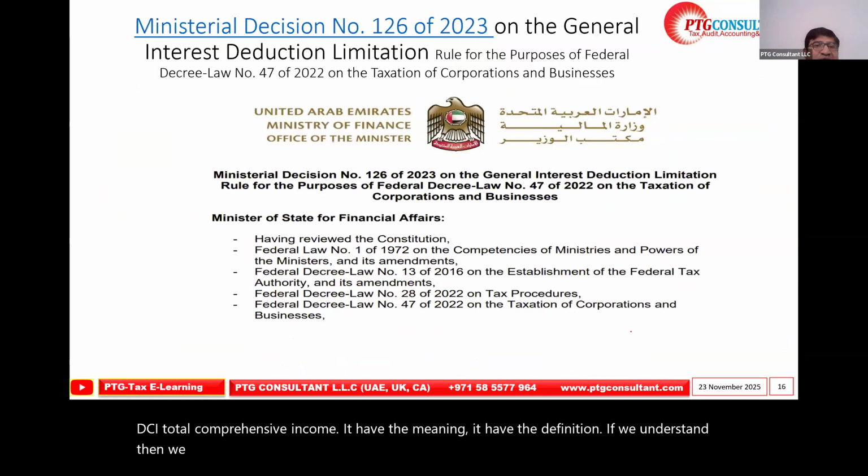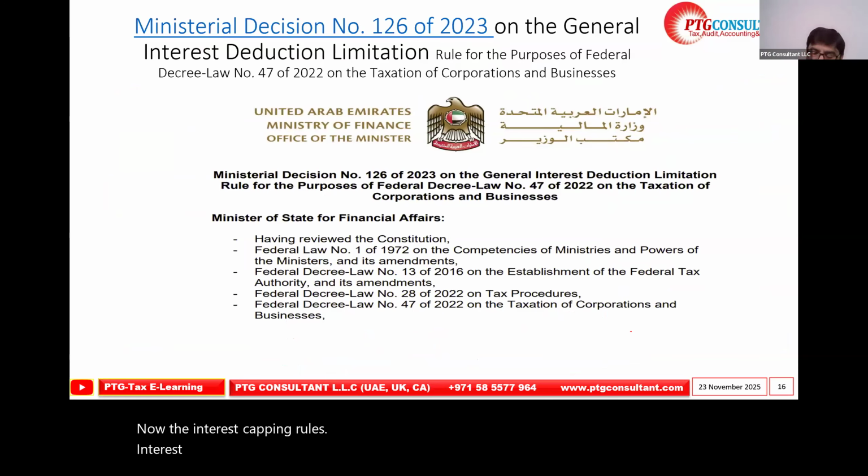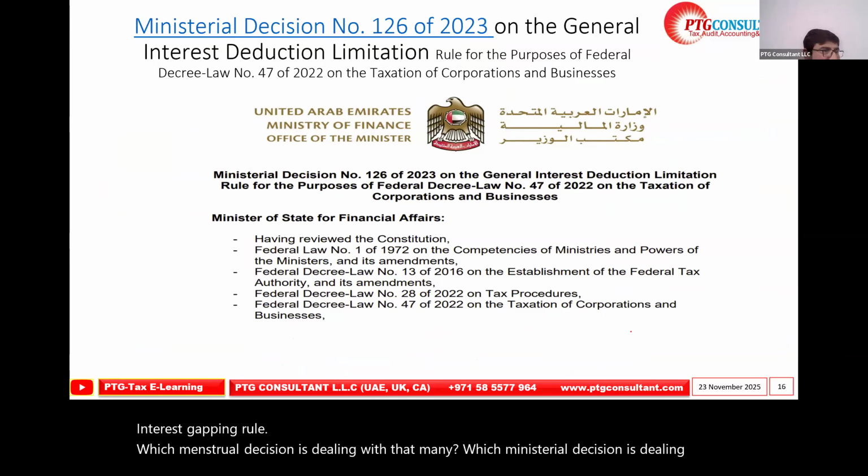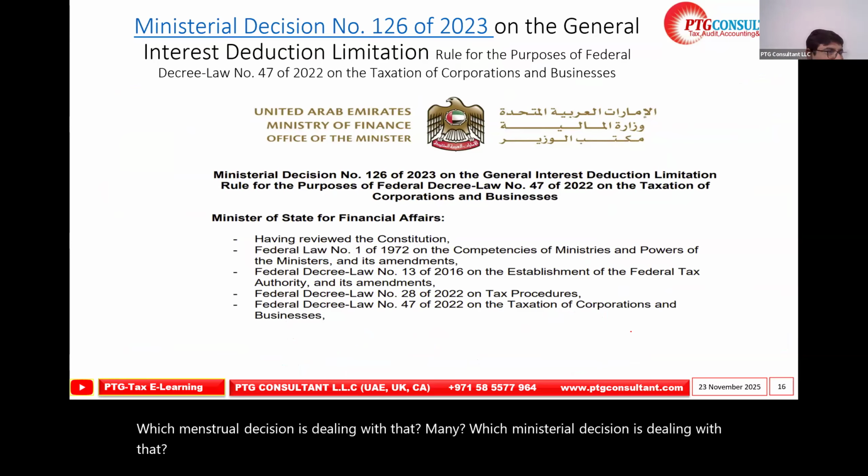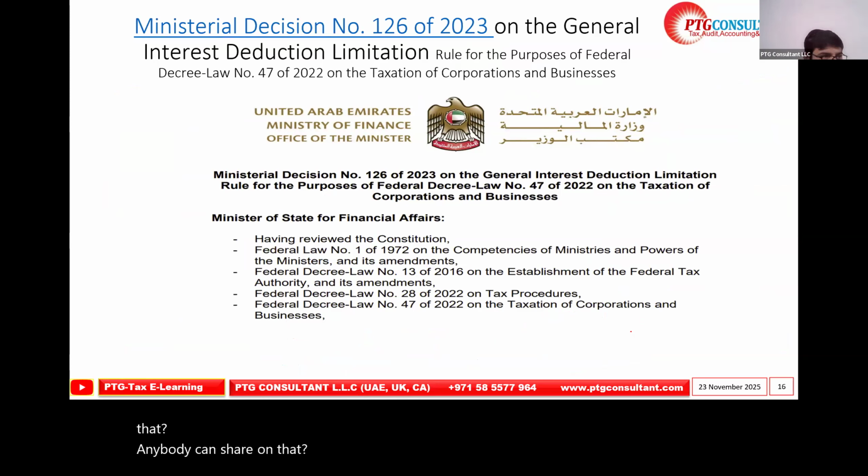Now the interest capping rule, which ministerial decision is dealing with that? Anybody can share on that? Anyone can share which ministerial decision is dealing with the interest capping rule?